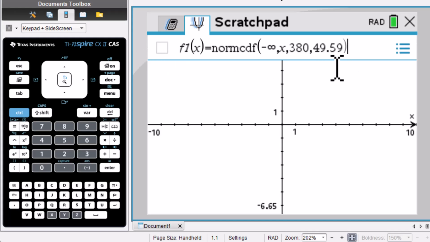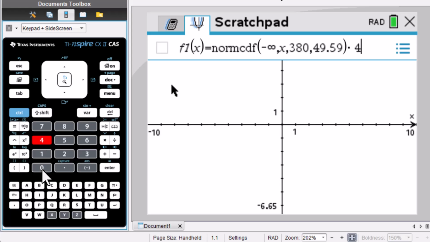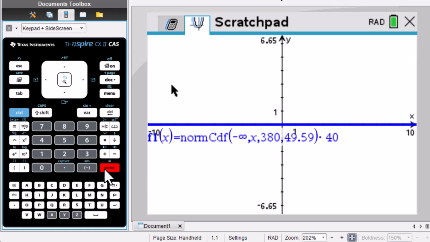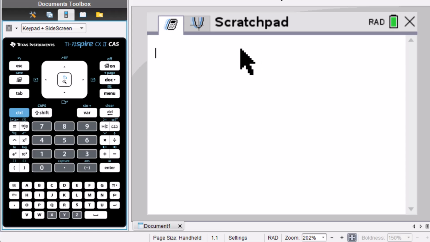Go to the graph, put in norm CDF, then times 40. Then enter. Go to this scratch pad. Go to variables. Enter. Go back to the table.